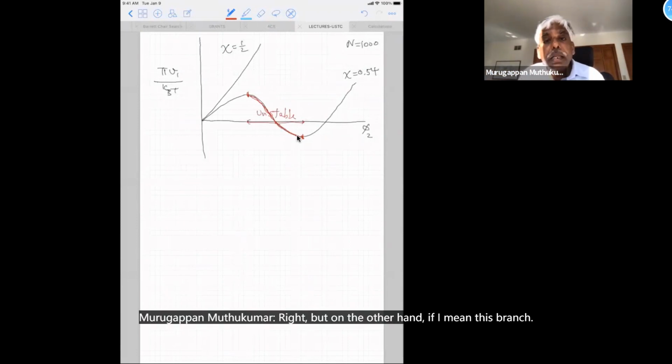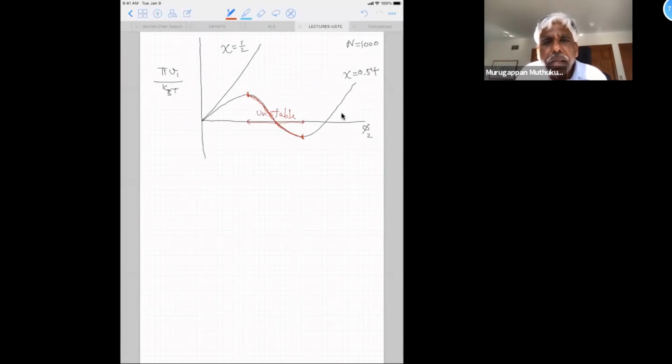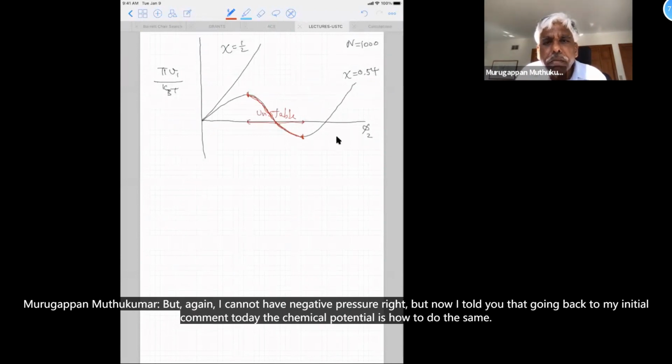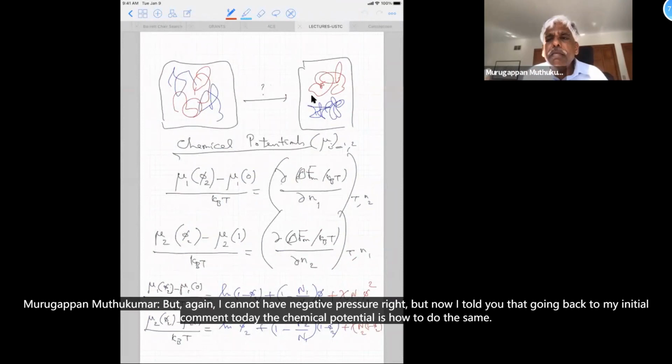But on the other hand, in this branch, when I increase the polymer concentration, pressure increases. In this branch too, when I increase the polymer concentration, pressure increases. But again, I cannot have negative pressure, right? But now I told you that, going back to my initial comment today, the chemical potentials have to be the same.